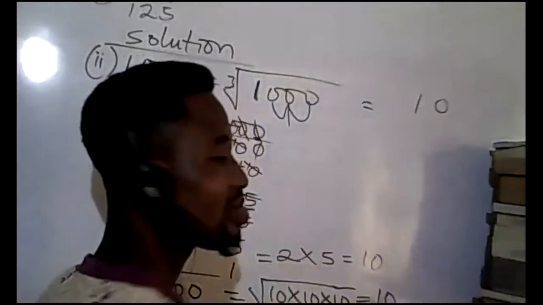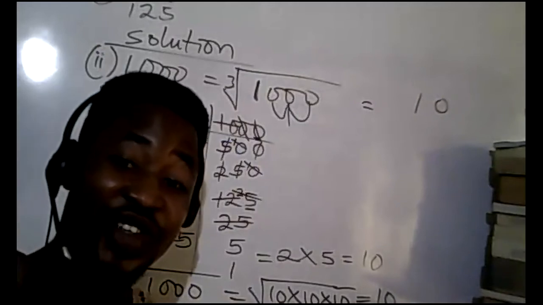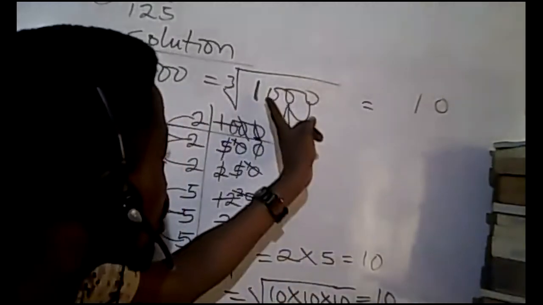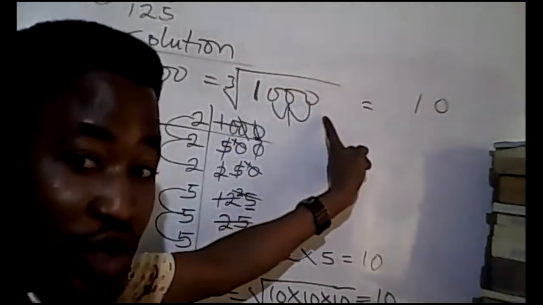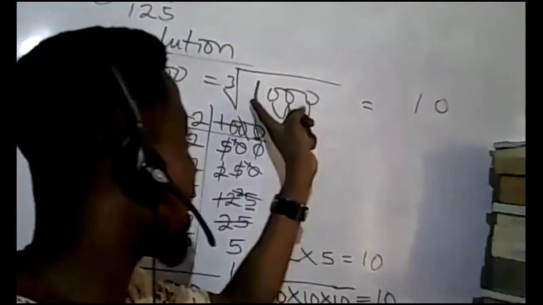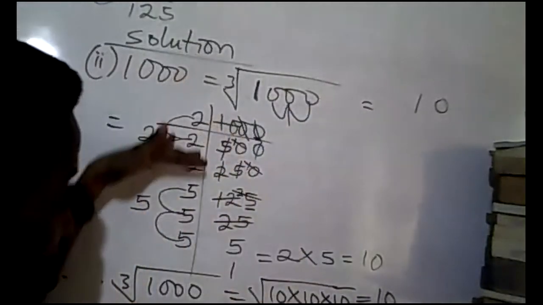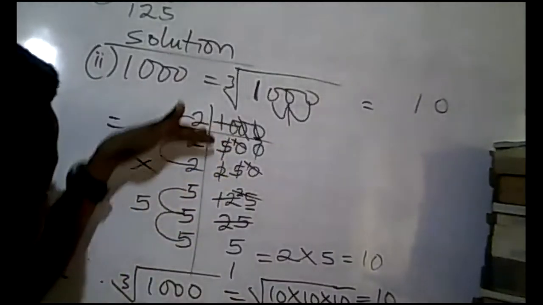It is 1. Is that very fast? I just taught you a new trick. So you just group the 3 zeros, look for the cube root of these 3 zeros, and that is 0. And the cube root of 1 is 1. And that's your answer. You don't have to go through this whole process.